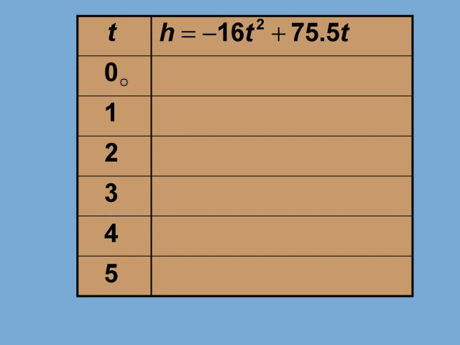For each t value, we plug in that value in the formula for h in the next column. Here is the first entry. Where there was a t in the original formula, we have substituted a 0 here and here. Here are the rest of the t values with numbers plugged in.